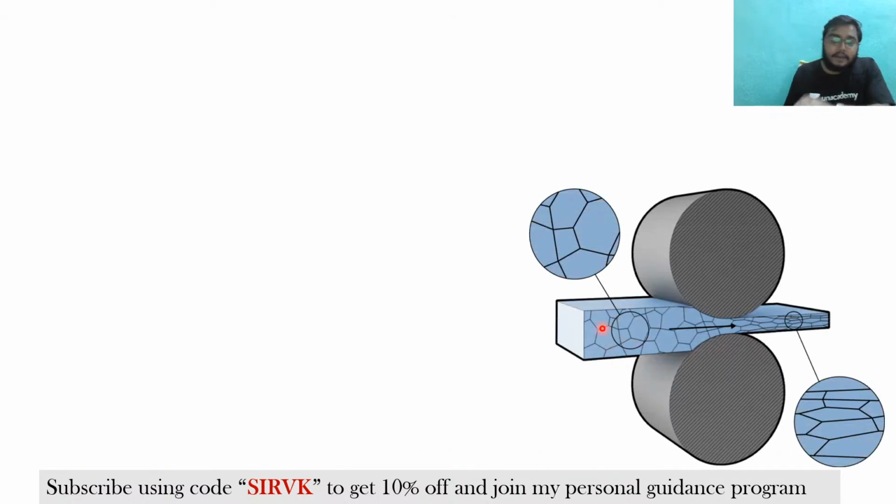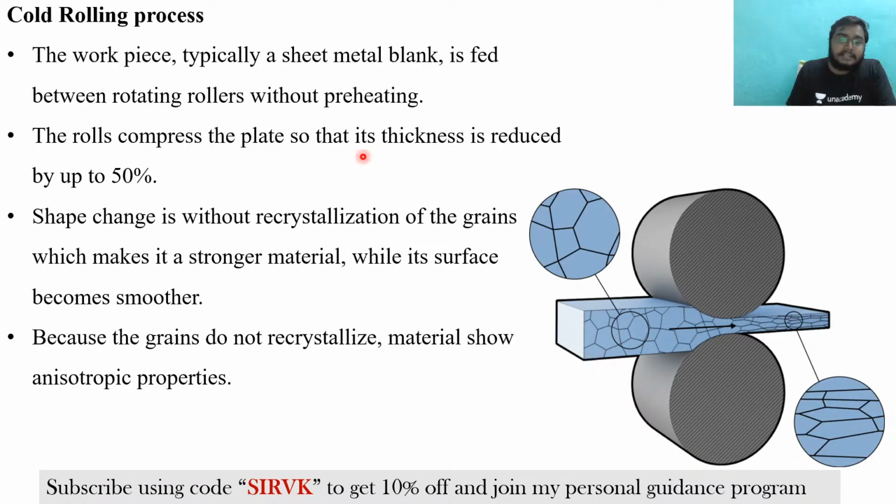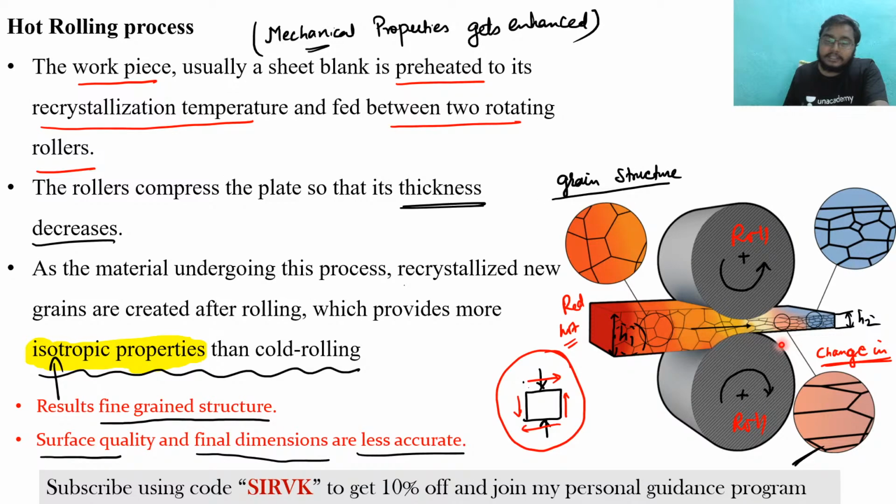Now in this case, we are not preheating. The rolls compress the plate so that its thickness is reduced by 50%. This was the thickness earlier; let us assume this to be h1 and this to be h2. Similarly in this case, this is h1 and this is h2.